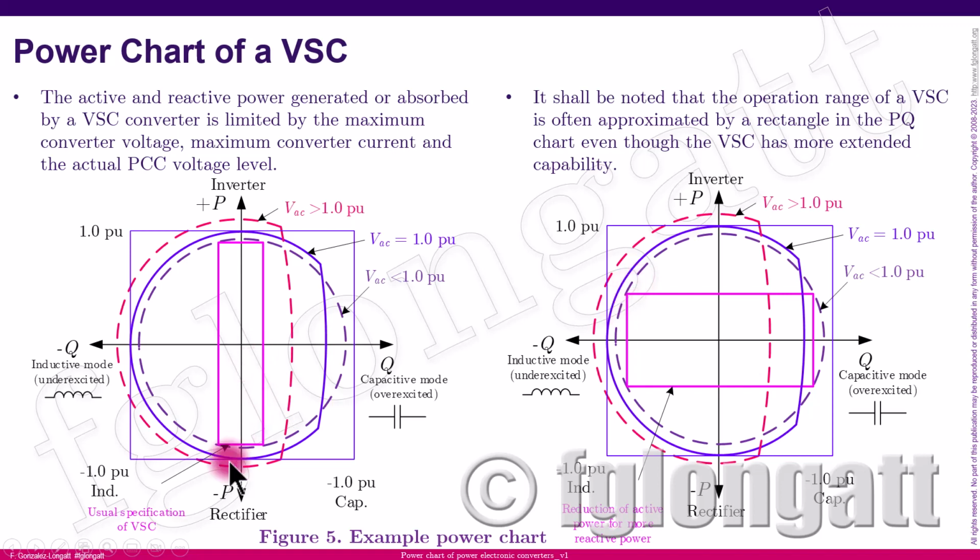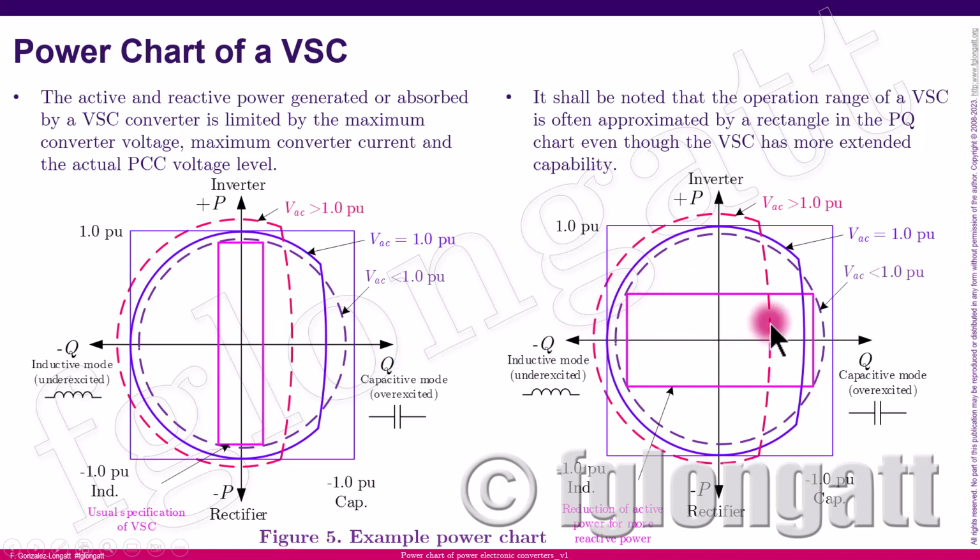What is very interesting is that the usual specification of a voltage source converter is defined by this rectangle, because in theory we want the voltage source converter providing as much active power as we can get, and maximizing the delivery of active power reduces the capacity to deliver reactive power.